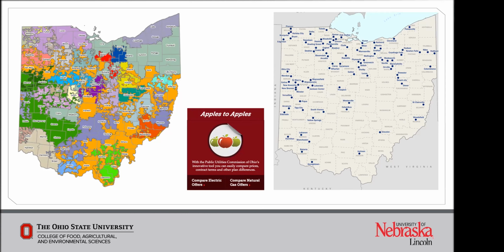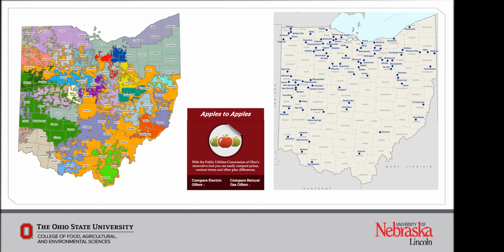Sure, John. So, as you're mentioning, Ohio is very different from Nebraska. So, in the late 90s, Ohio transitioned from a regulated market to a deregulated market. So what that means is essentially you have the ability to make some additional choices.